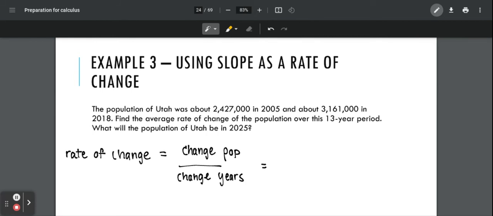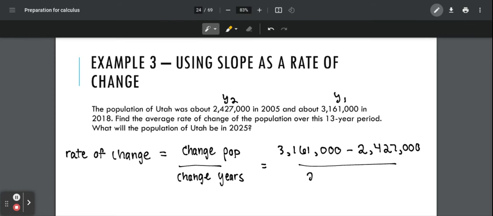So to find the change in population, we're going to take our ending population. In a way, we're treating this 3 million like our Y1 and this 2 million like our Y2, or I guess vice versa. So we're going to take 3,161,000 and subtract 2,427,000 and put that over our change in years, which would be the change from 2018 back to 2005.